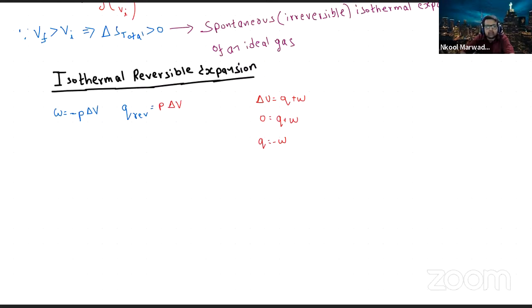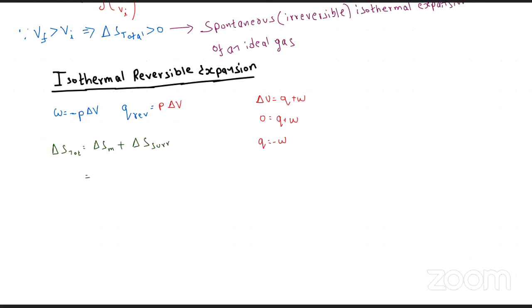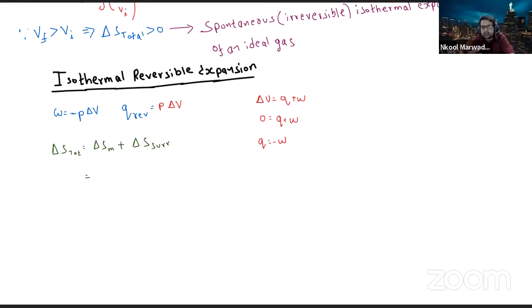Now we can calculate delta S total. Delta S total is the delta S of the system plus delta S surrounding. Now, since it's a reversible expansion, in both directions we can do an equal amount of work.